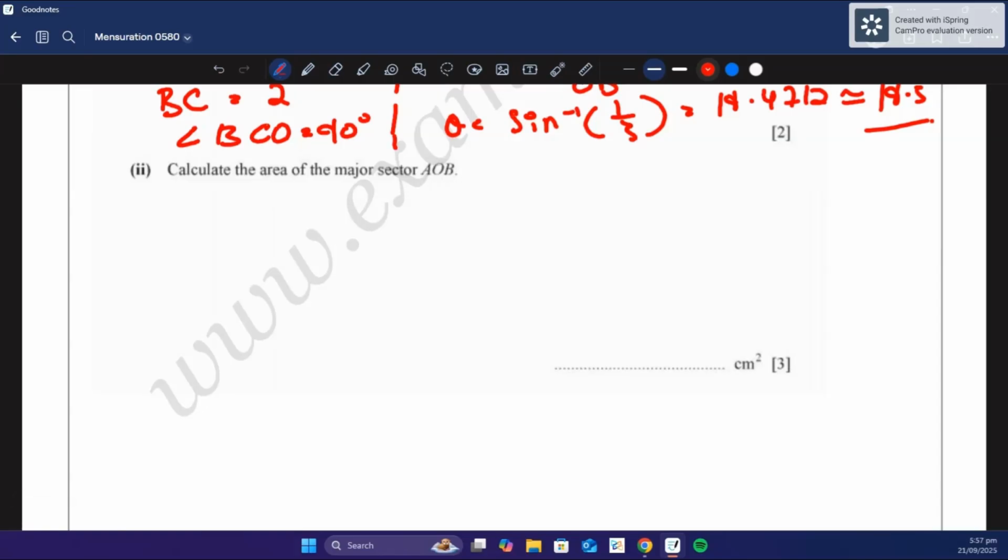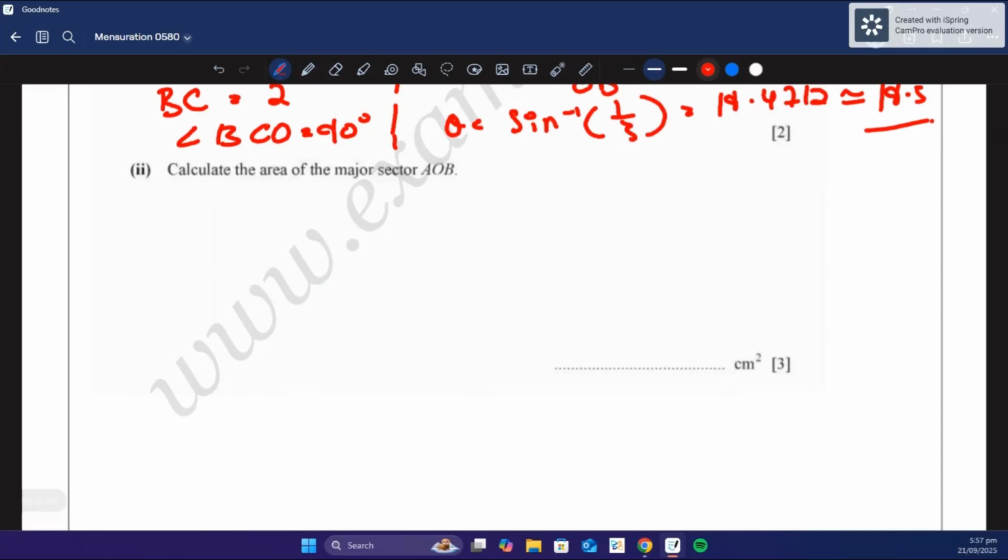Alright, part B. A sector of a circle has radius 8 and area 160. A similar sector has radius 20. Calculate the area of the larger sector. First you need to find the scale factor. The scale factor is new radius over old radius, which is 20 over 8, which is 2.5. So 2.5 is the scale factor.